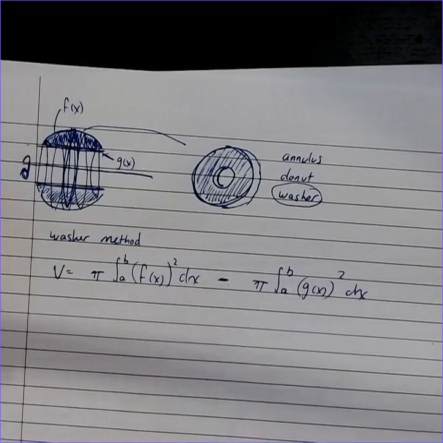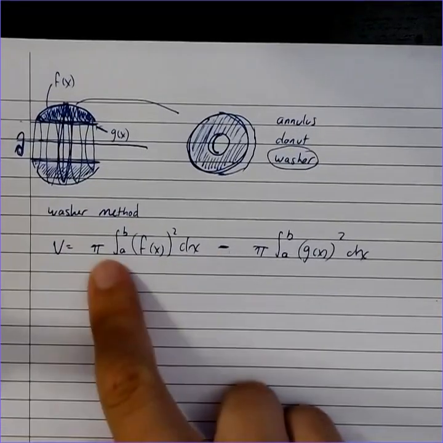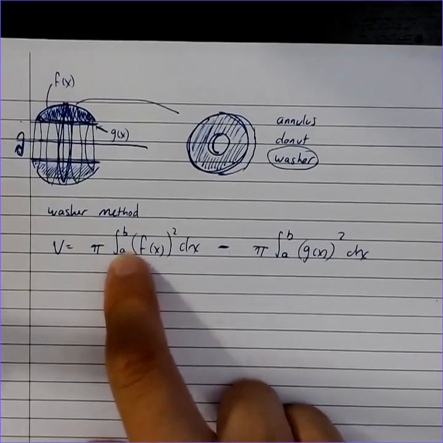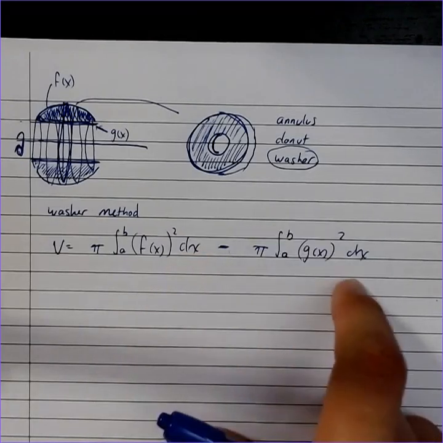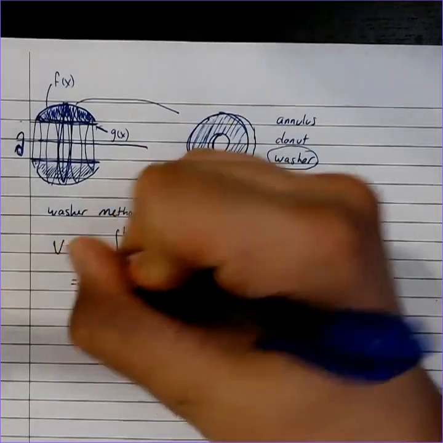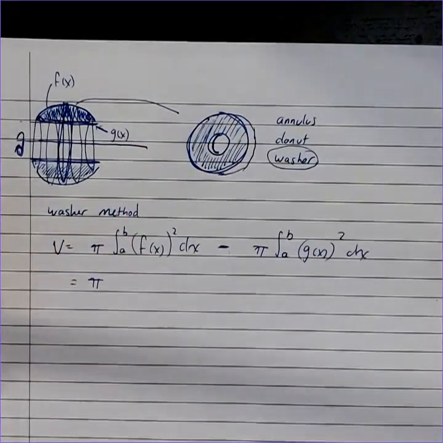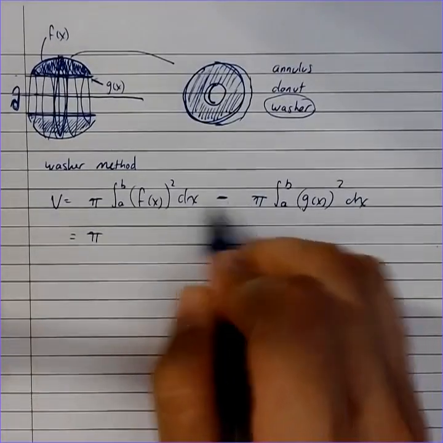Okay, well, since I'm cutting it away, I'm subtracting it away. Let me subtract here. Note that because this is an integral from a to b with respect to x, the linearity property of integrals allows me to do this. Here's pi. Let me factor that out.